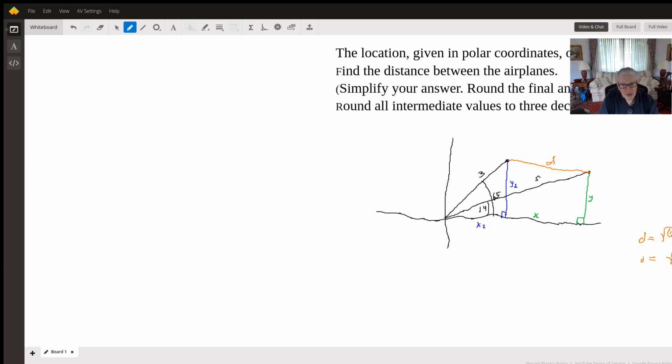I didn't draw this to scale, obviously, but having a sketch at least gives you a sense of whether you're in the ballpark or not. It's not going to give you a precise answer. But that's the way to do this one, entirely by hand and without having to fumble around with polar coordinates.